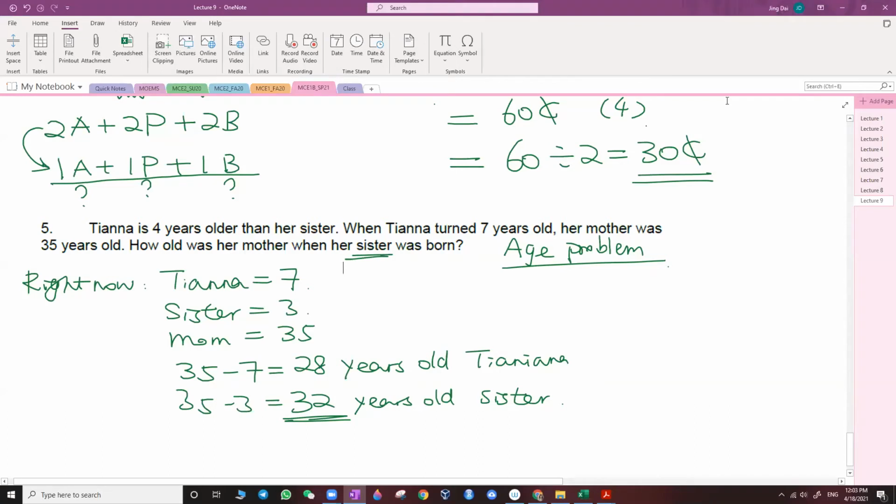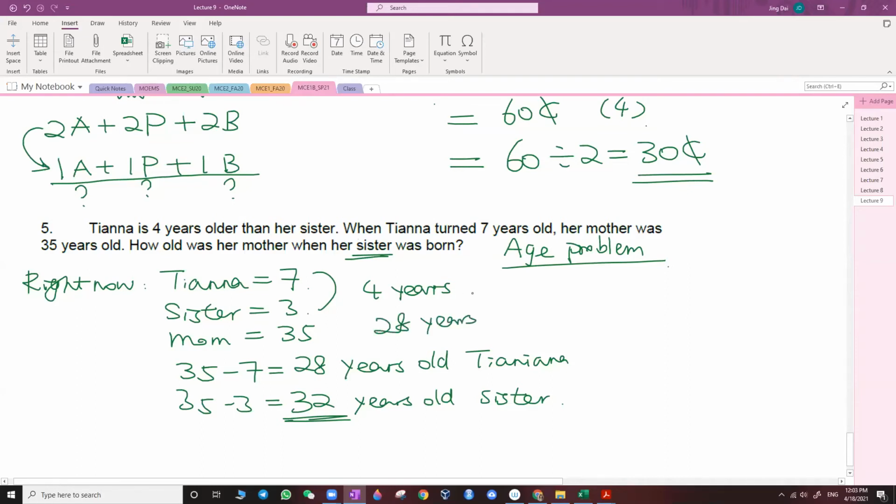Yeah, so either way, some students would figure out, okay, what is the difference between Tiana and sister? That's 4 years, right? So Tiana is 4 years older than the sister. And when Tiana turned 7 years old, her mom was 35 years old. Then her mom is basically 28 years older than Tiana.